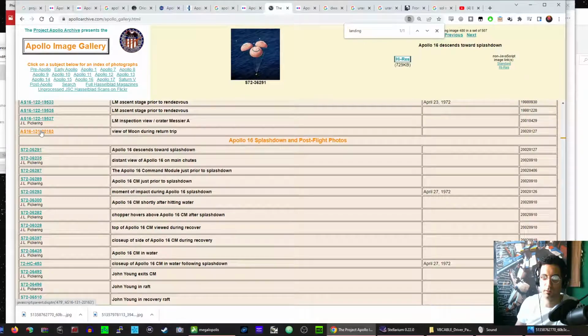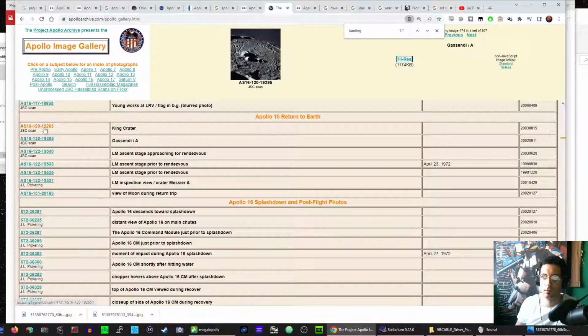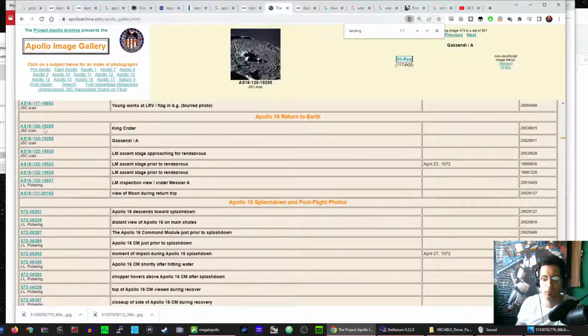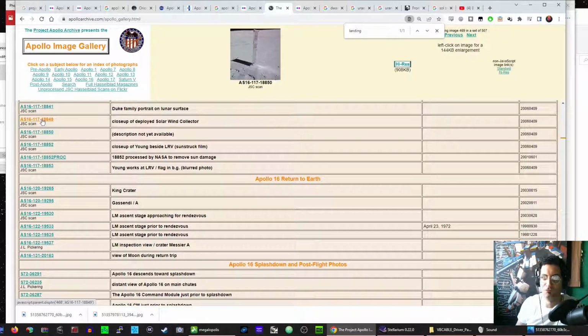I just lost it, but okay, that's the ascent stage. I'm not sure if this is relevant, it just looks cool. Okay, good. We got the Lunar rover.